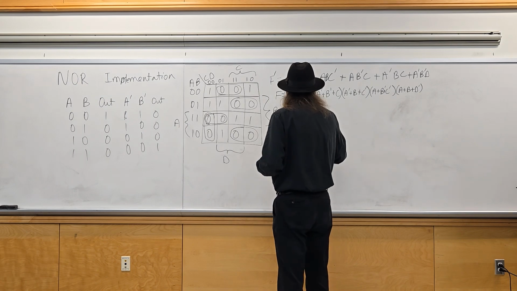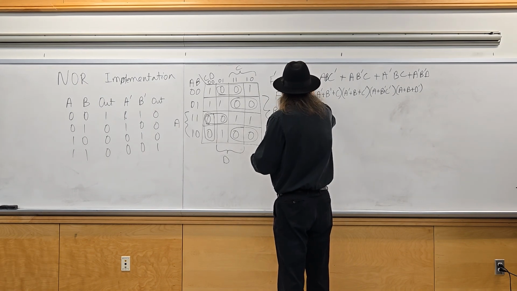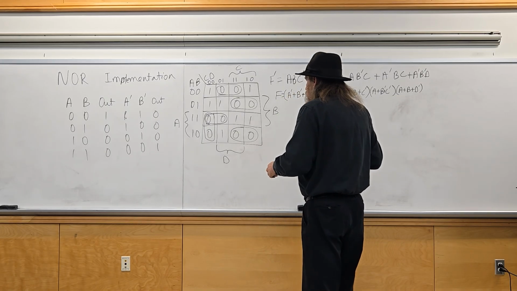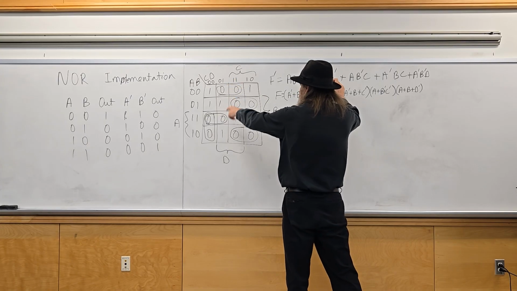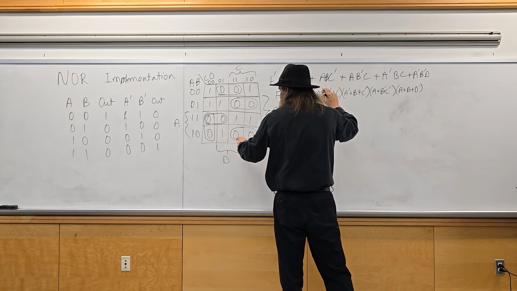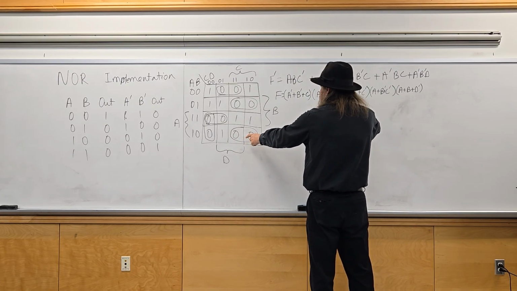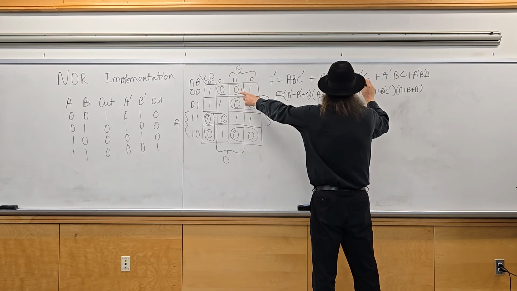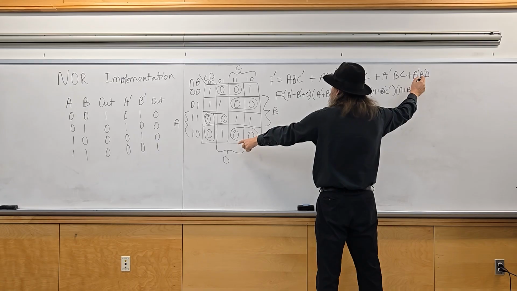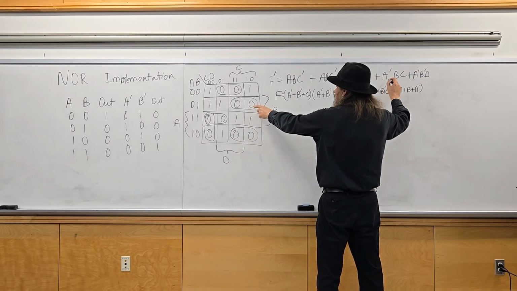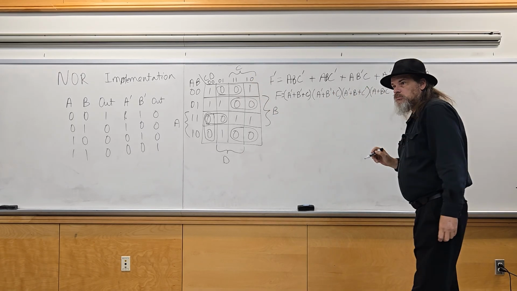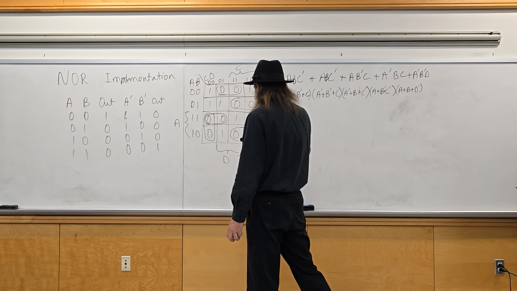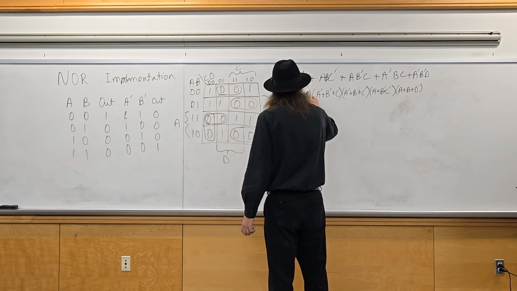It's not C. So this one would be plus C. This one is A, B, not C. For this group here, this would be A, C, not B. A, not B, C. And then not A, not B, D. And then not A, B, C. In the first group, yeah, no, you're right.